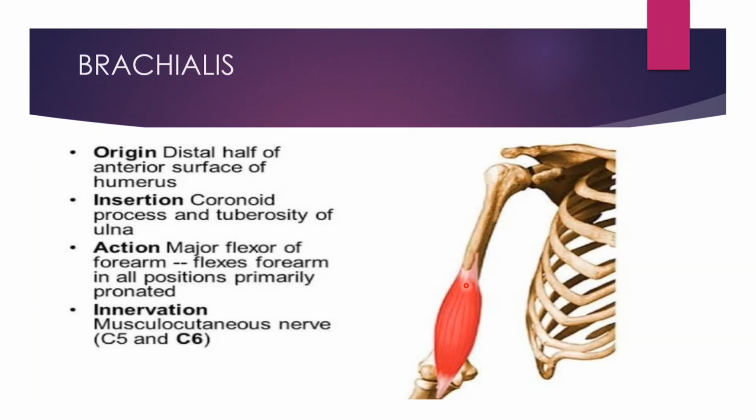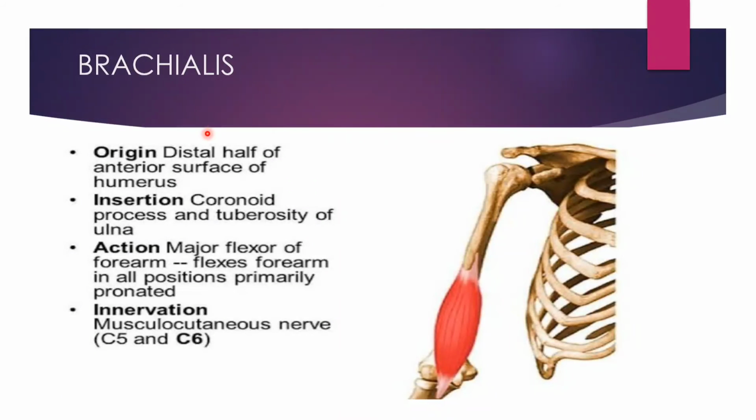Next, coming to the brachialis muscle. The brachialis muscle originates from the distal half of the anterior surface of the humerus, and it inserts in the coronoid process and tuberosity of the ulna.